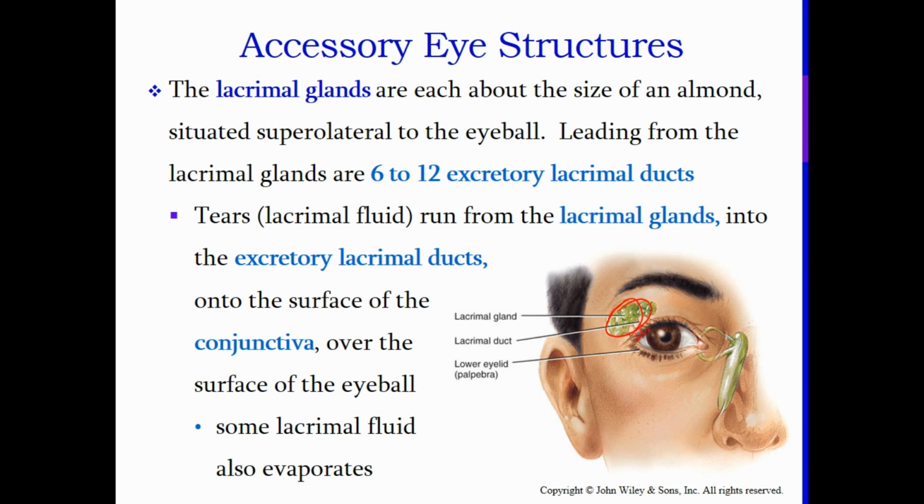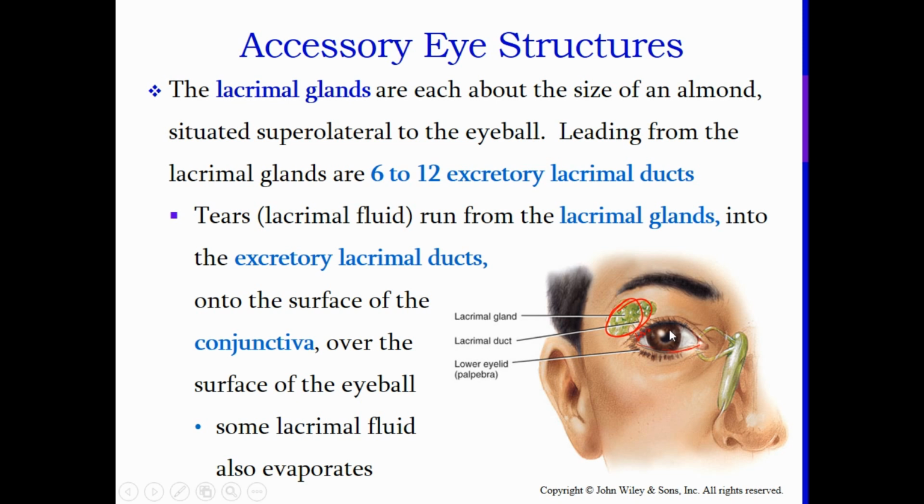Tears, also known as lacrimal fluid, run from the lacrimal glands into the excretory lacrimal ducts onto the surface of the conjunctiva, which is that protective membrane there on the inside of your eyelid. And that will take them over the surface of the eyeball, and you will lose some of the tears, or lacrimal fluid will evaporate into the atmosphere.